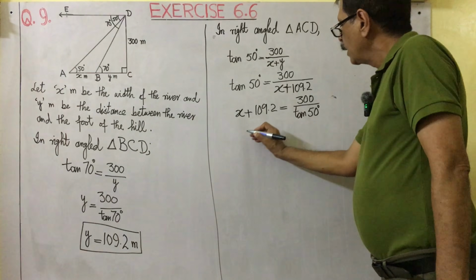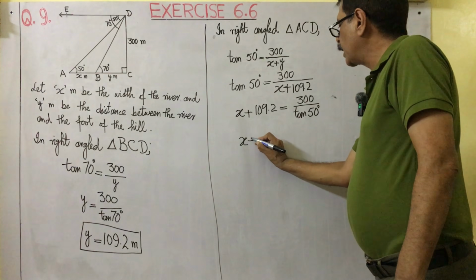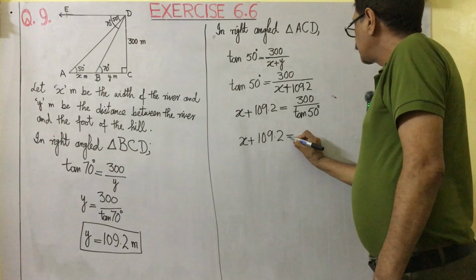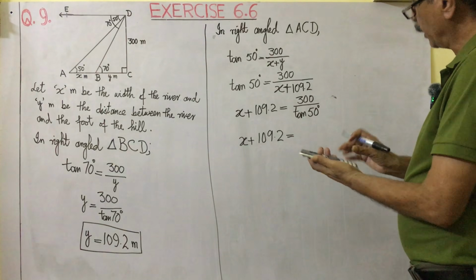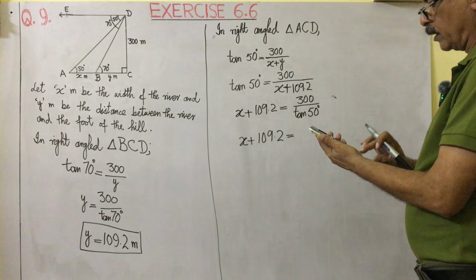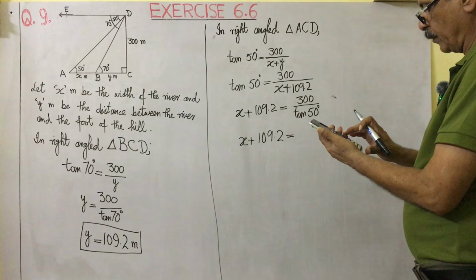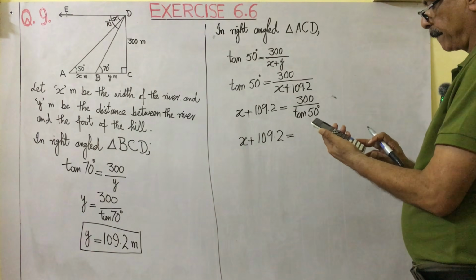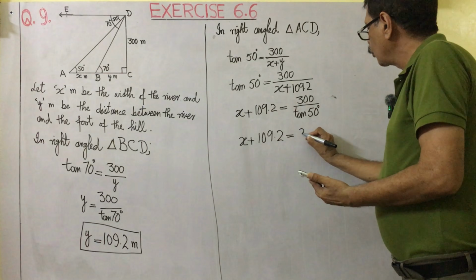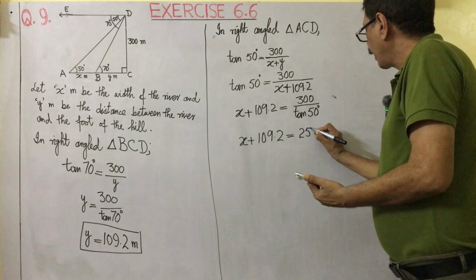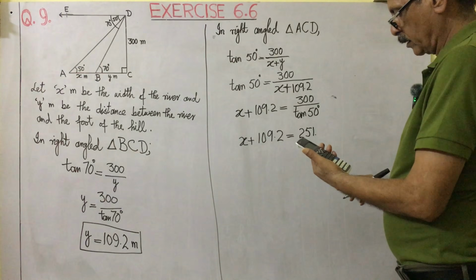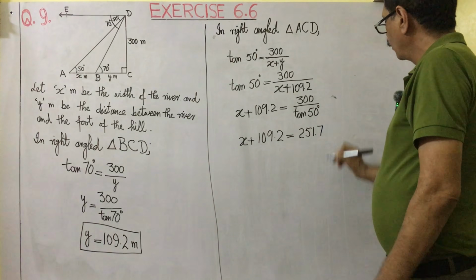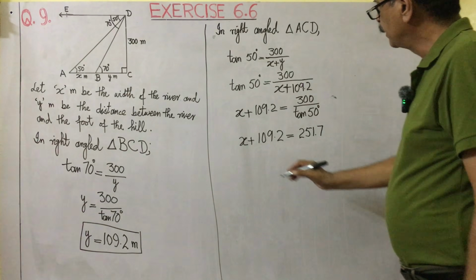Now x plus 109.2 is equal to, let us calculate, 300 divided by tangent of 50 degrees, which is equal to 251.7.